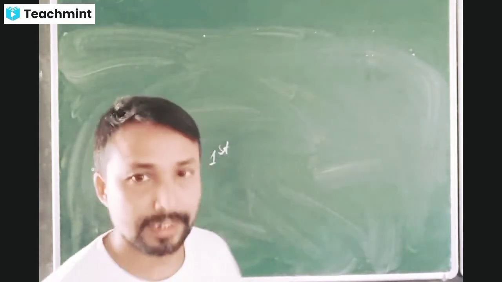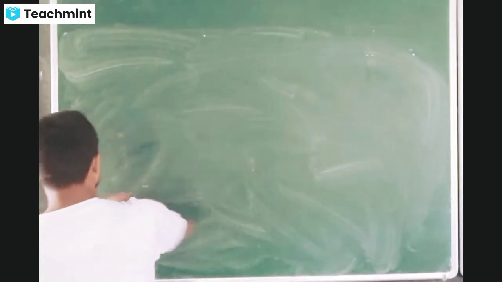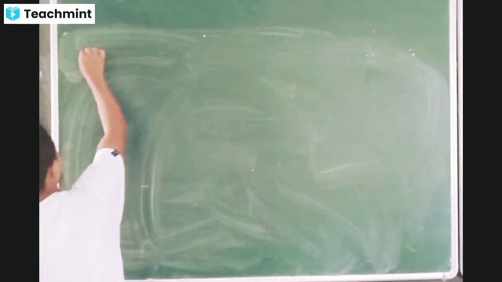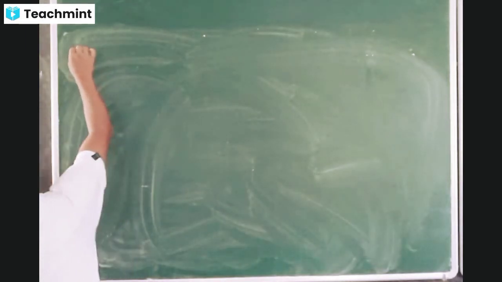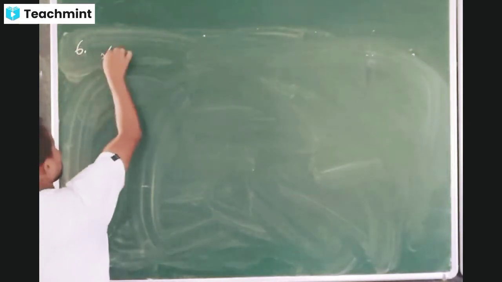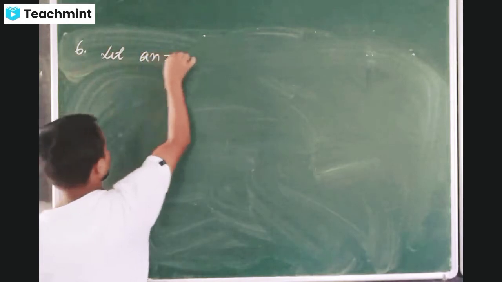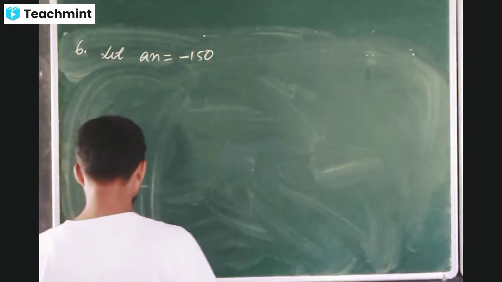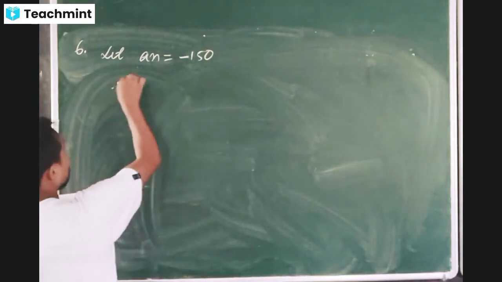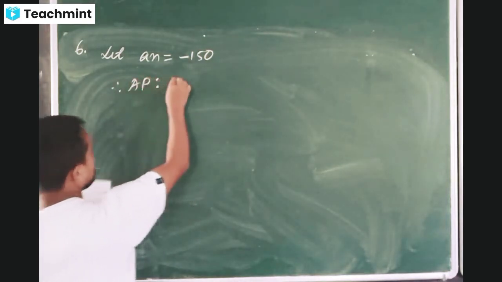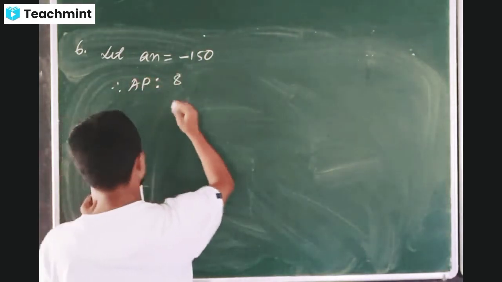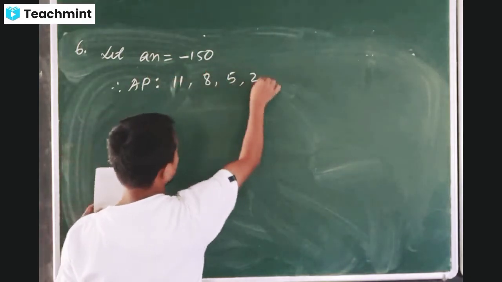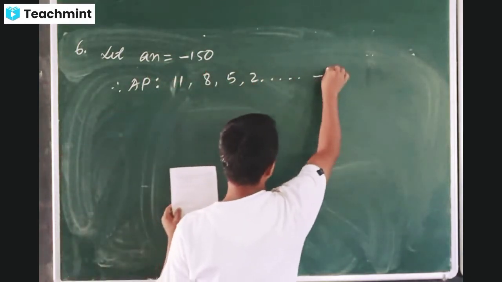So let us begin. Let this be question number 5 or 6. Let a_n be minus 150, which we have taken. Therefore, the AP is 11, 8, 5, 2 and so on up to minus 150.